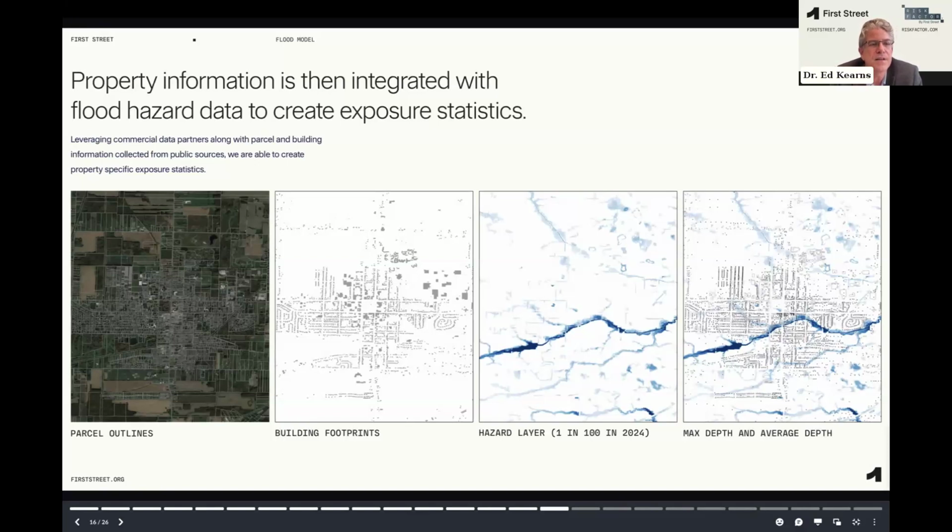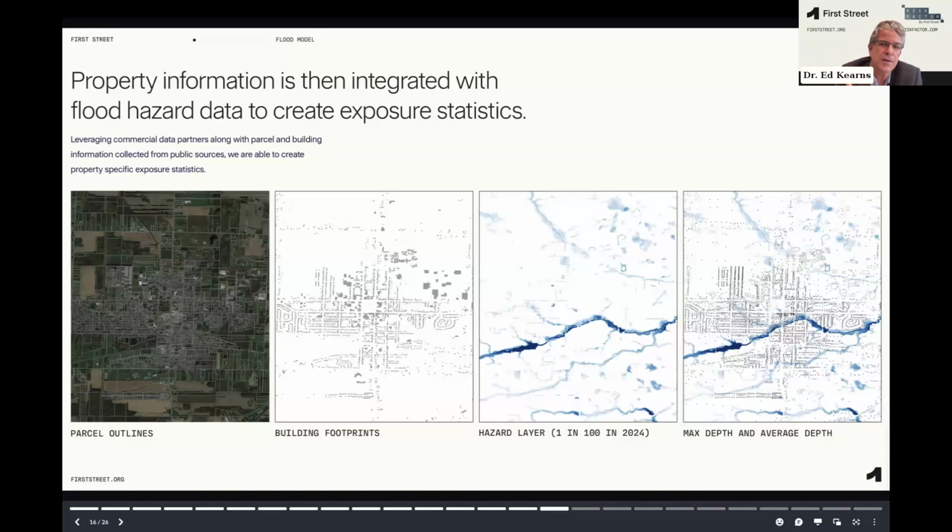And since we're doing our hazard layers at 3-meter resolution, it's basically, I call it a cookie cutter approach, where you can take the footprint of that building or the outline of that polygon of that parcel, and you can cut out what the hazard is from the hazard map, what the hazard is likely to be within that space.